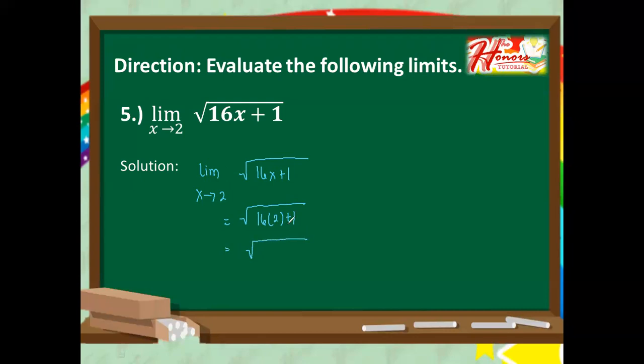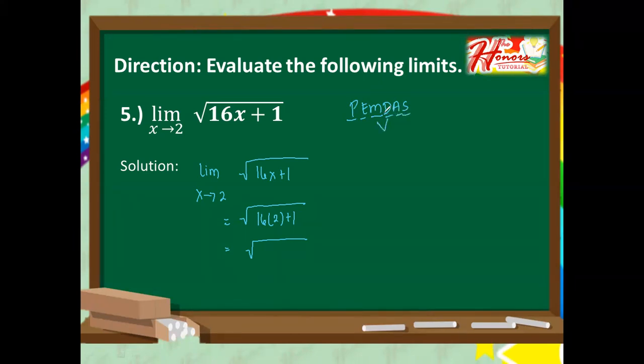16 times 2. You have to know this crucial part because some of the students are confused with this one. Whether they will multiply first or add. Please follow the hierarchy in mathematics. We have here the PEMDAS: parentheses, exponent, and then we have multiplication, division, addition, and subtraction.